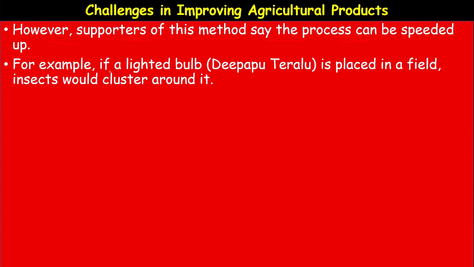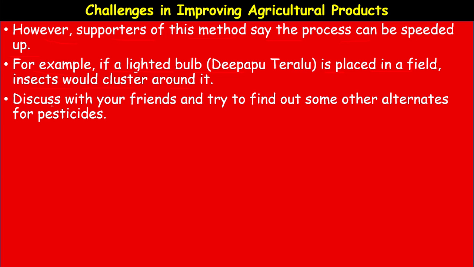For example, if a lighted bulb, Deepapu Teralu, is placed in a field, then what happens? The insects would cluster around it. Discuss with your friends and try to find out some other alternatives for natural pest controlling methods.